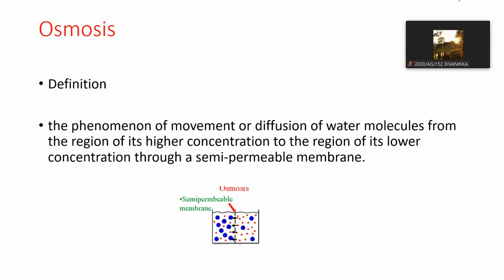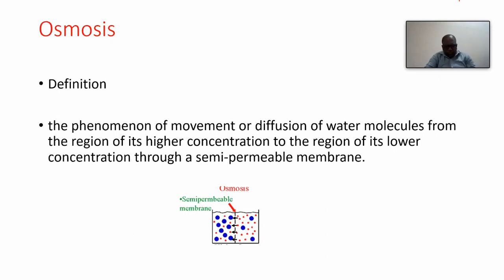So what is the major difference? The presence of a semi-permeable membrane. Very good. When the movement takes place through a semi-permeable membrane, that is called osmosis. If it does not have one, this is diffusion.